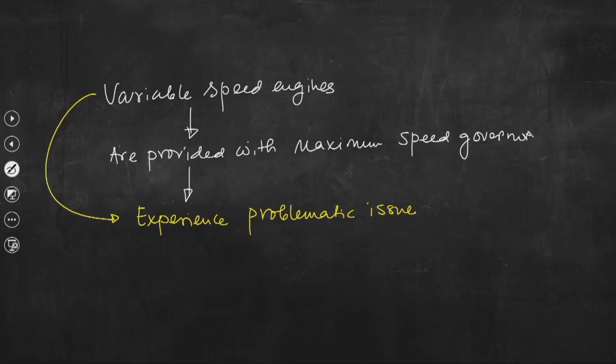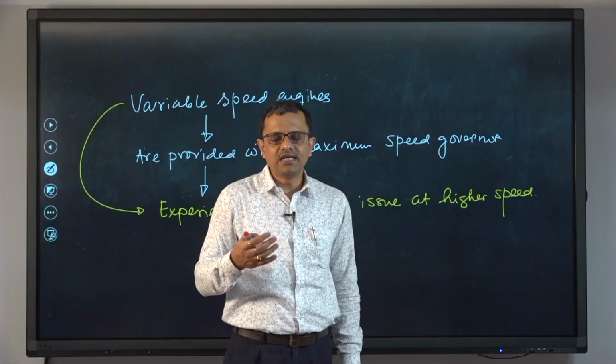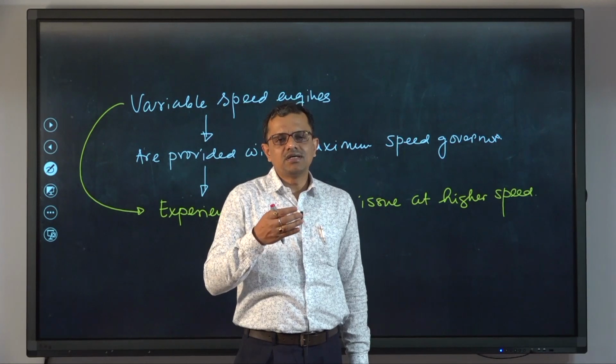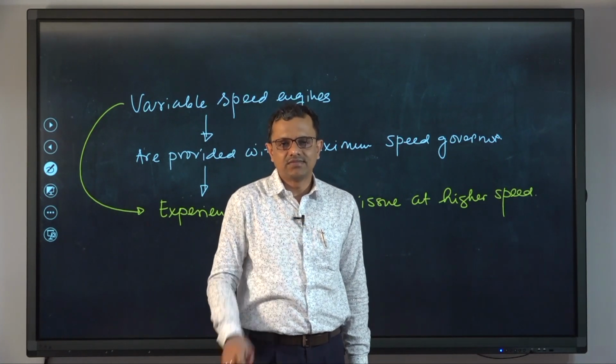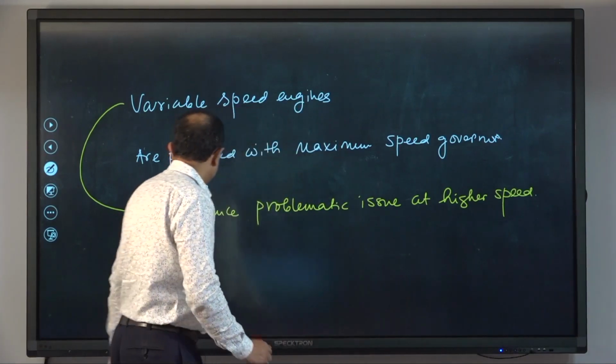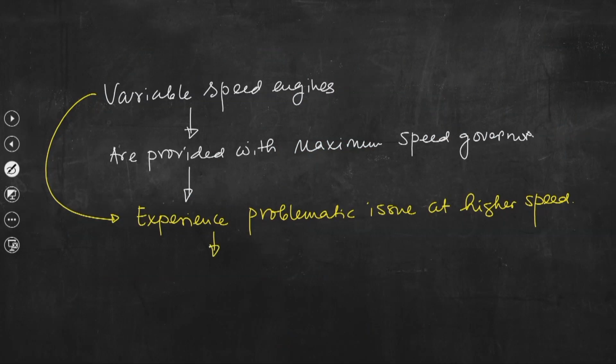So, they experience a problematic issue at higher speed. What will happen at higher speeds? We should be able to control or prevent the engine from racing. What is racing? This is known as racing of the engine. The problem is racing of the engines.